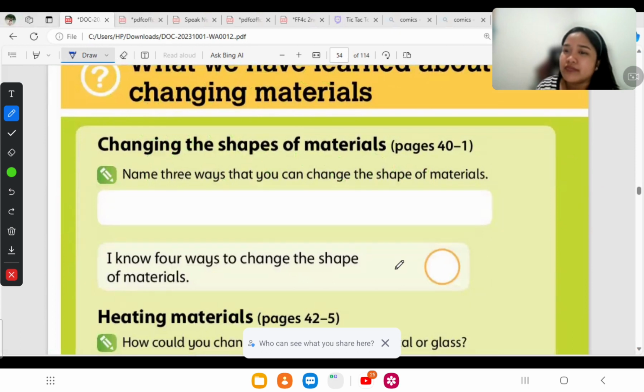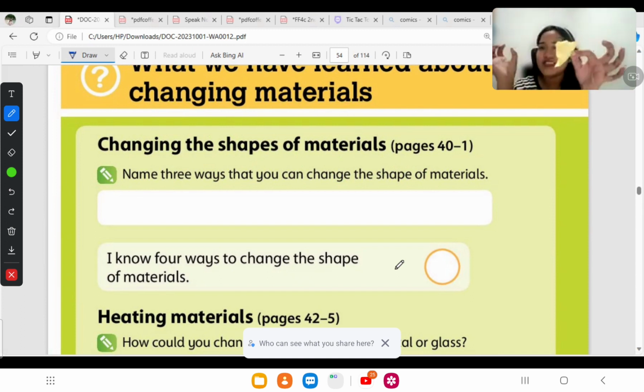By scratching the paper. Yeah, you scratch the paper. Very good.